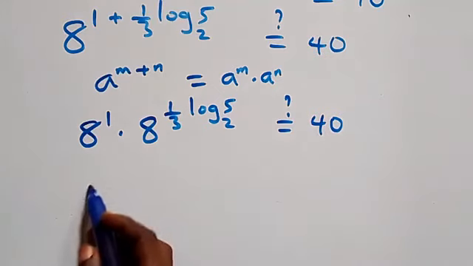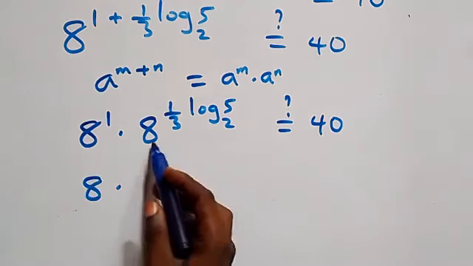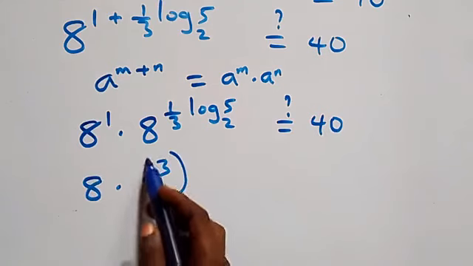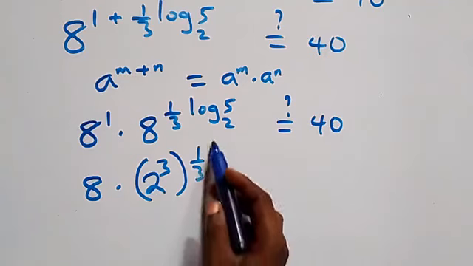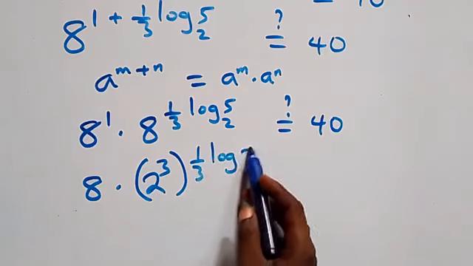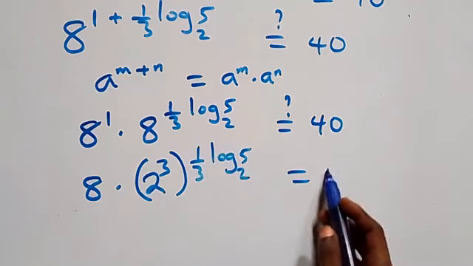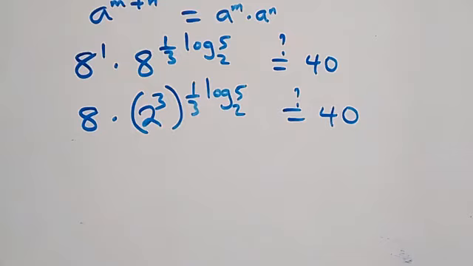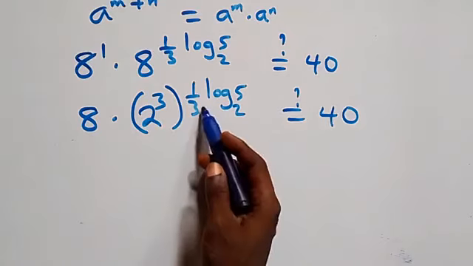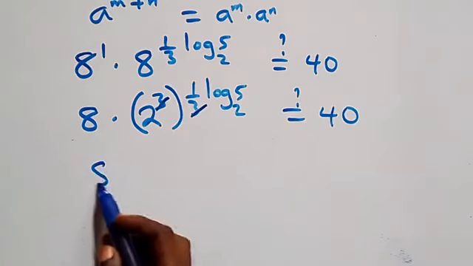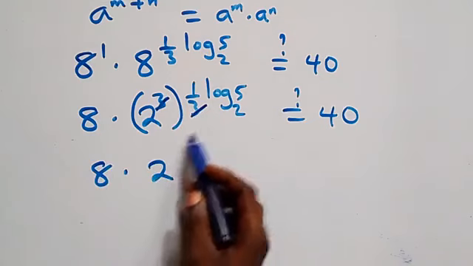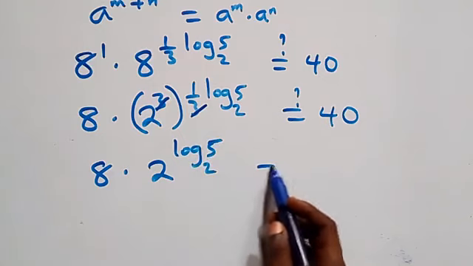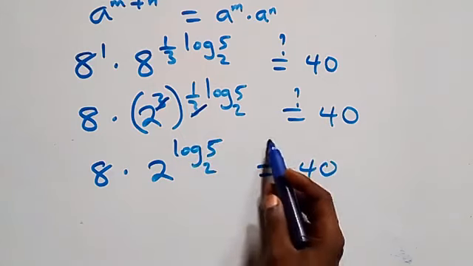Then here 8 raised to power 1, that's 8, then times here we can write it as 2 raised to power 3, then raised to power 1 over 3 log 5 base 2 equals 40 from here. That is, from here, this power multiplies, 3 here cancel each other. So we are left with 8 times 2 raised to power log 5 base 2 equals 40 from here.